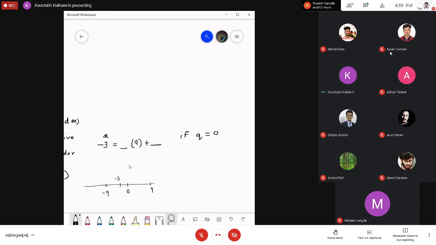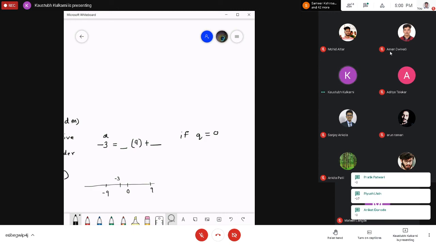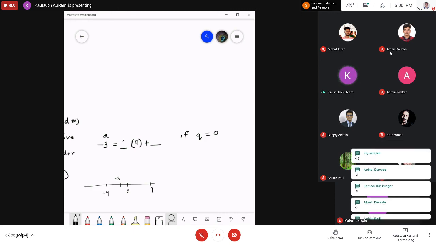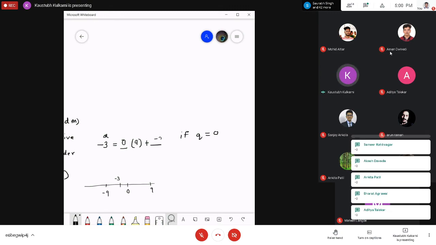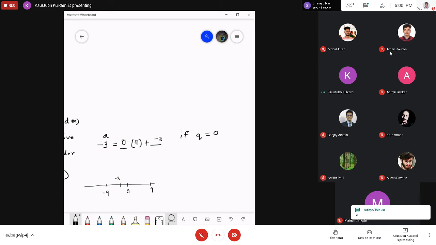Now reply. Quickly. Yes, remainder will be minus 3. If the quotient I use is 0, remainder will be minus 3. But which is not what we want. We want a remainder between 0 and m minus 1.